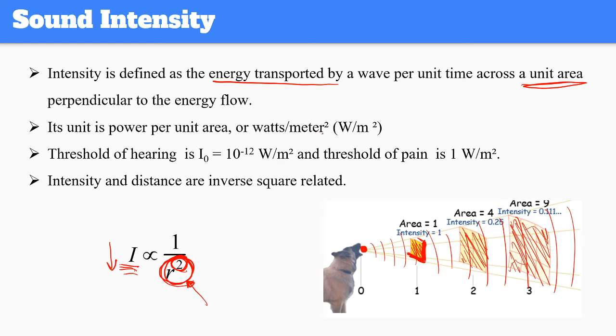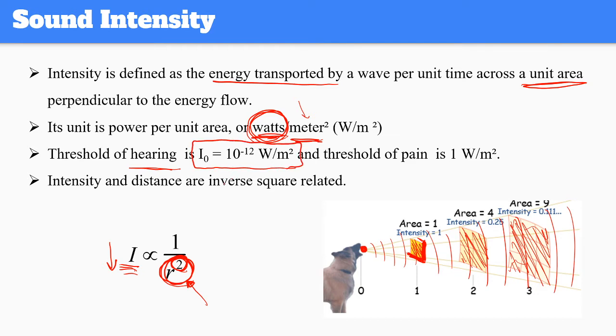And what is the unit for sound intensity? It's energy per area, and watts is a power unit that we didn't see yet, but it's a power unit. So power per area. The minimum sound that we can hear is the threshold of hearing, given by I0, and it seems a pretty small number.